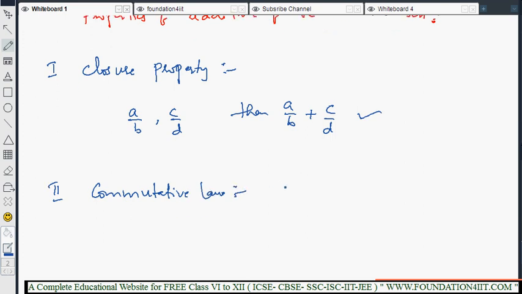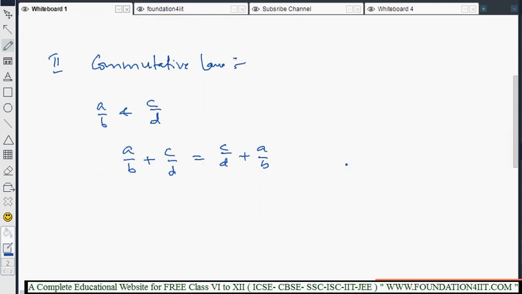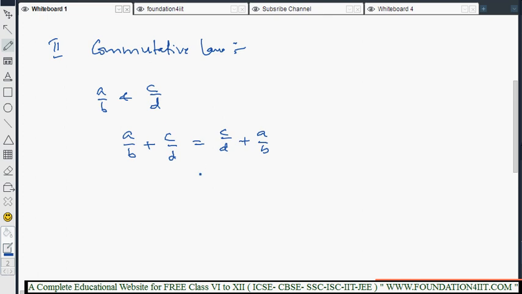Commutative law is, if a by b and c by d are any two rational numbers, then a by b plus c by d is also equal to c by d plus a by b.